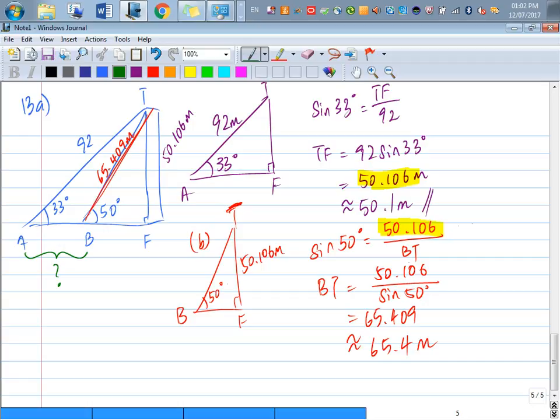Irfan, can you give me a suggestion how I can find the length of AB? Irfan, are you thinking? You thinking or you digging for your answer?